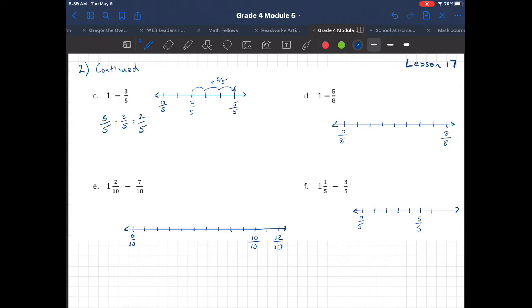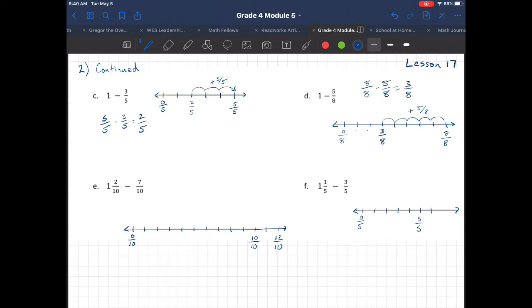D, so 1 is the same as 8/8, and we are subtracting 5/8, so we get 3/8. So 1/8, 2/8, 3/8, and if we jump 1, 2, 3, 4, 5/8, we get to 8/8.